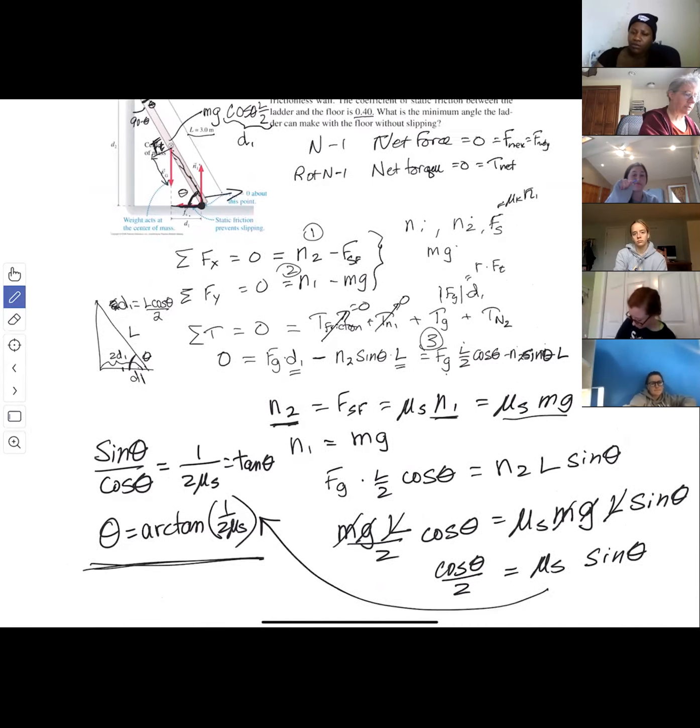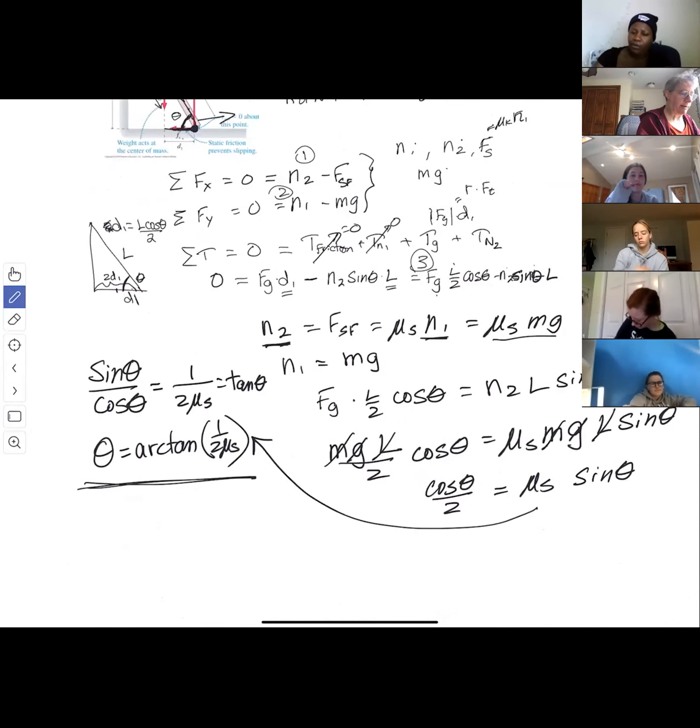Since mu s is in the denominator, if the floor were more slippery and mu s got smaller, the argument of the arctan got bigger. The arctan of something bigger means theta is bigger, so the ladder is up closer to the wall. So I would argue this answer makes sense in that way.